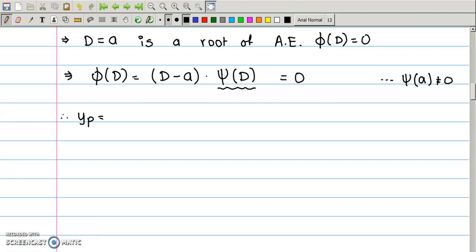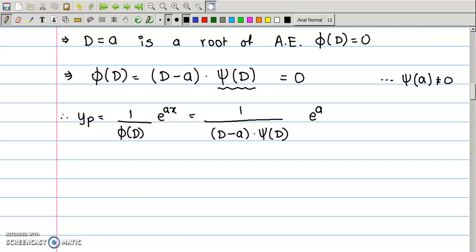Therefore the particular integral, 1 upon phi of d into e raised to ax, can be written as 1 upon d minus a into psi of d into e raised to ax. We first operate this psi of d on the exponential function.